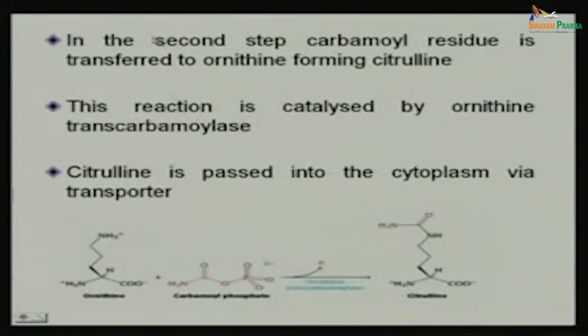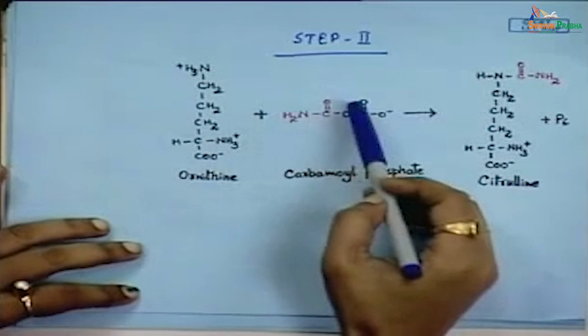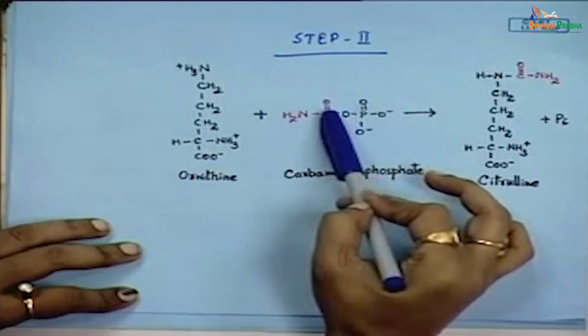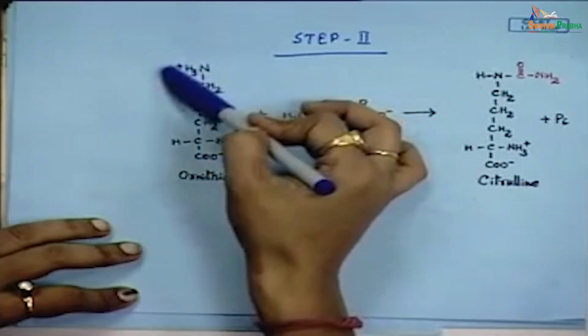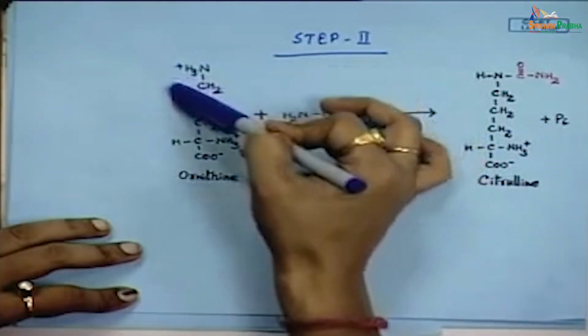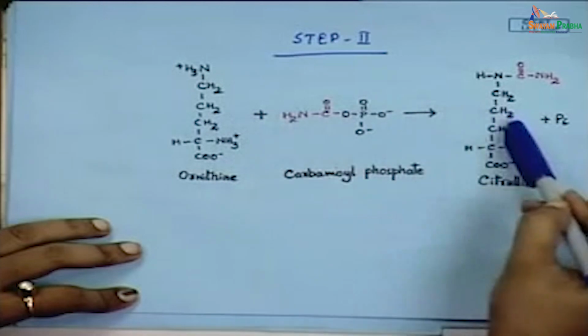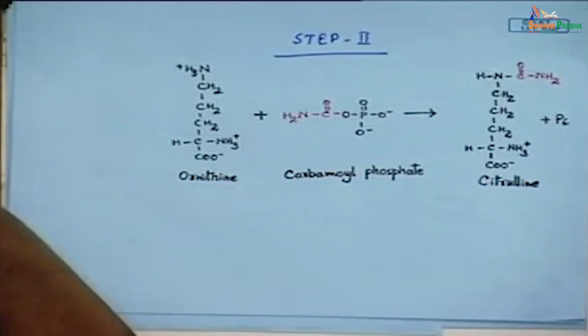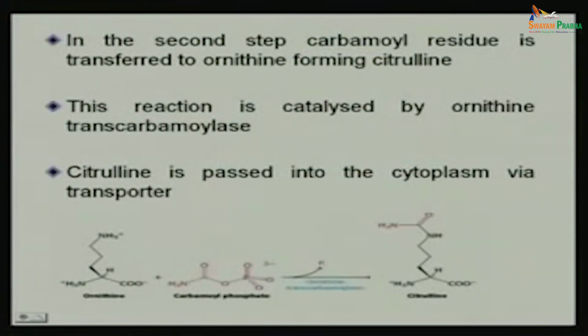Here in this second step, the carbamoyl residue is transferred to ornithine forming citrulline. That means this is the carbamoyl residue. These carbamoyl residues are getting transferred to this ornithine group, and the ultimate result is the formation of citrulline.